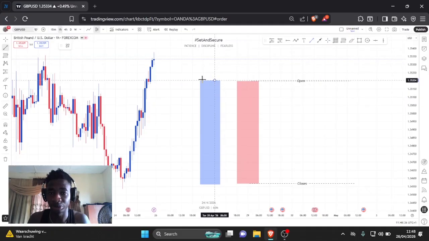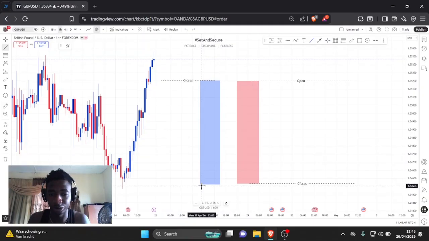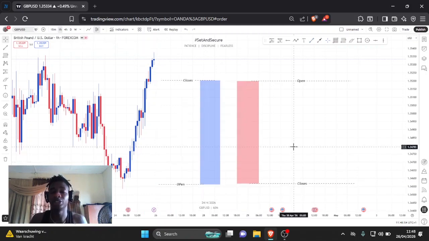The bullish candle closes above and opens below. This is what you need to know about candlesticks. The bullish candle closes above and opens below, and the bearish candle closes below and opens above. This is all you need to know on candlesticks.